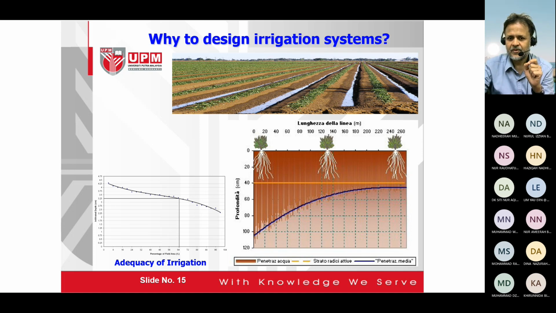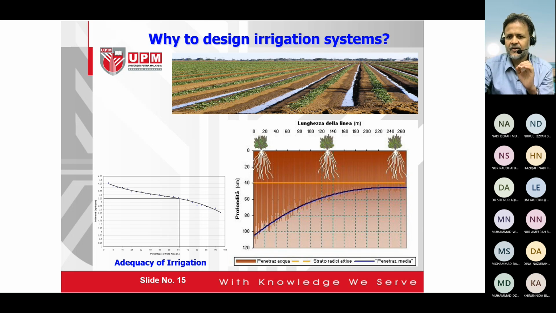Okay, because when you use the micro irrigation system, we use the emitter. The emitter flow rate is fixed. When you set up the emitter everywhere, let's say the emitter flow rate is 2 liters per hour.